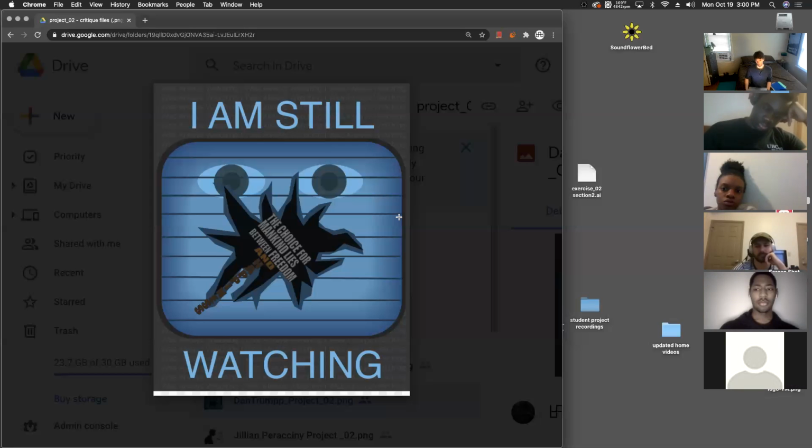I think the eyes are a little bit too small. They're noticeable, but everything else draws my attention a lot more than the eyes do. I don't know if that was intentional, but you could have the eyes be a little bit bigger and maybe do something with them to make them more impactful.